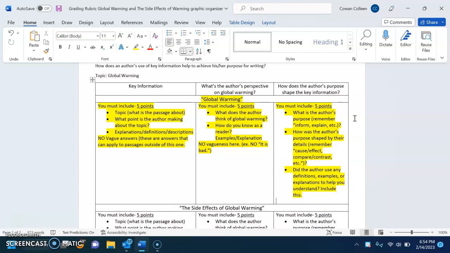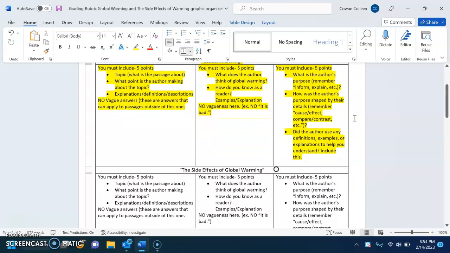Also, second part of this, how was the author's purpose shaped by their details? Remember, cause and effect, compare and contrast, etc. So the author of this global warming article, his purpose was, their information was shaped by, and then the last part of this, did the author use any definition, examples, or explanations to help you understand? Included here.